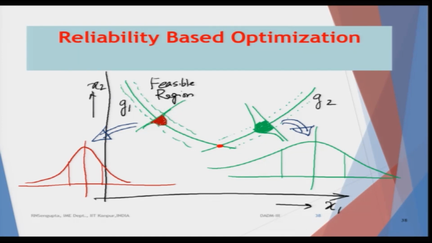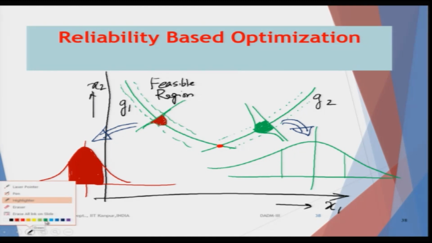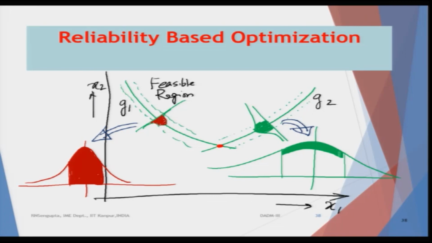This one is the values, and I will highlight the bounded regions. The probabilities are given and you can find it out.